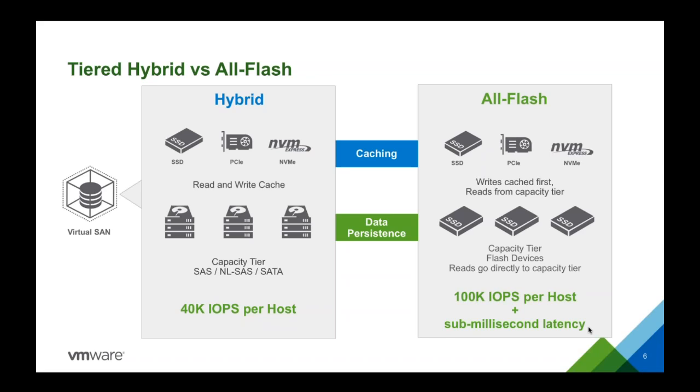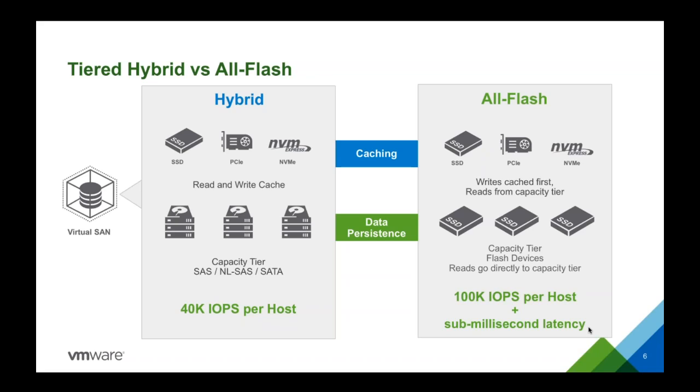Now, this is great, but we introduced all flash in 6.0, and what's great about all flash is it uses two different types of flash. We still have a two-tier architecture, but we use a higher cost, high endurance, small write buffer. It's 100% write buffer at this point, in front of a lower cost, sometimes known as read optimized, capacity-based flash device.